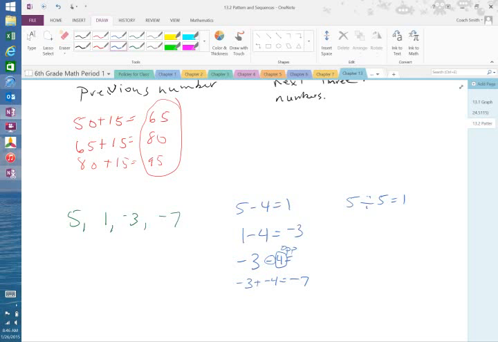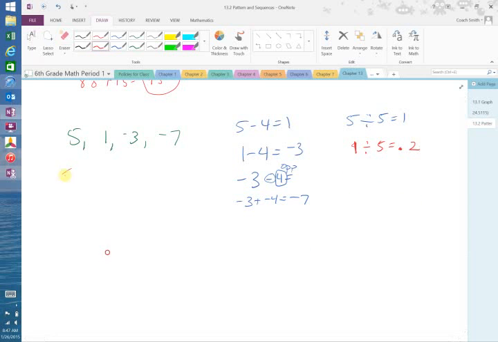As I can prove to you here, if I have 1 divided by 5, that would be 0.2. Well, obviously 1 to 0.2 is not what the pattern is. So the pattern is that we're subtracting, and there's 2 ways we can put this.